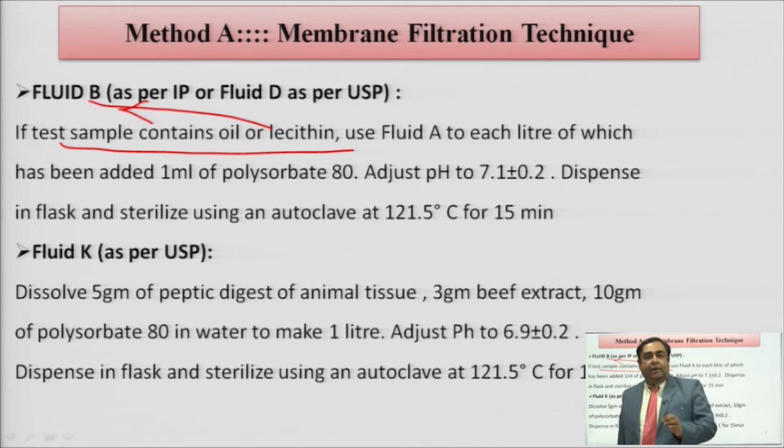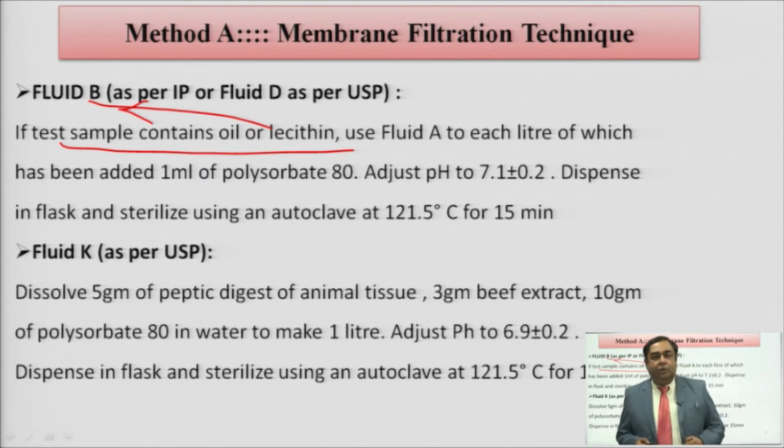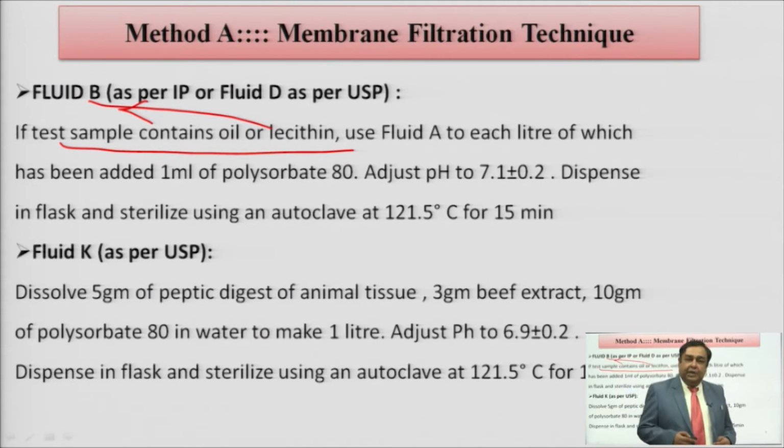Fluid B is nothing but fluid A, which we have just now discussed, to which we add 1 ml polysorbate 80, commonly known as Tween 80. Similarly, adjust the pH to 7.1 plus minus 0.2, dispense in a flask, then sterilize the diluting fluid with the help of an autoclave at 121.5 degrees for a period of 15 minutes by moist heat sterilization.